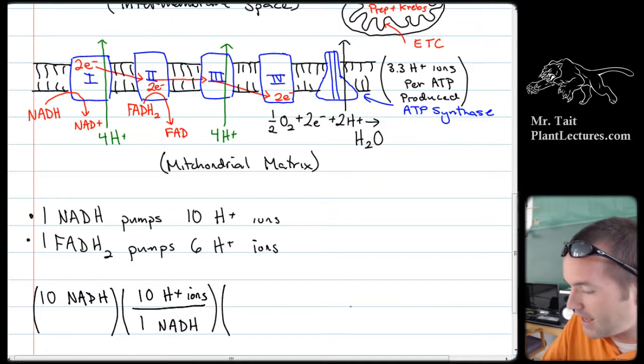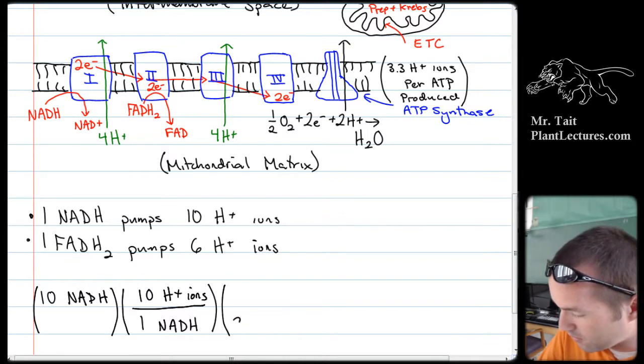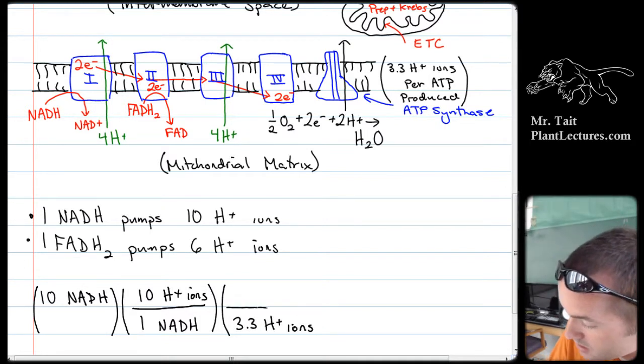We said that every 3.3 H+ ions will produce 1 ATP as they flow through ATP synthase.